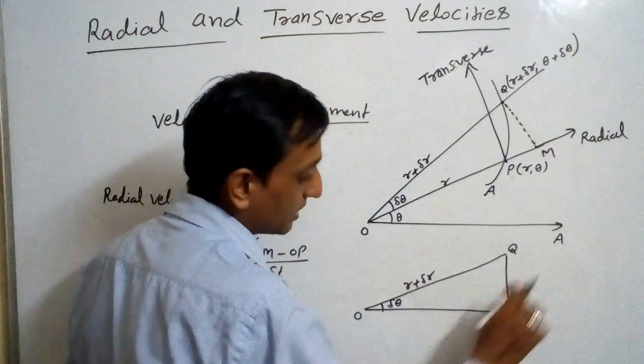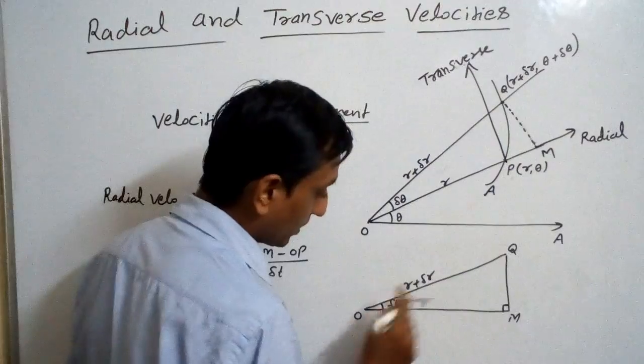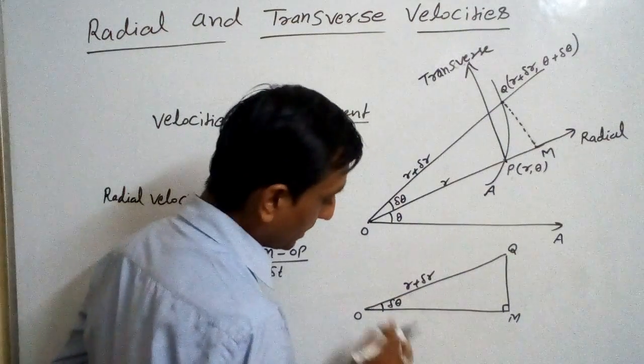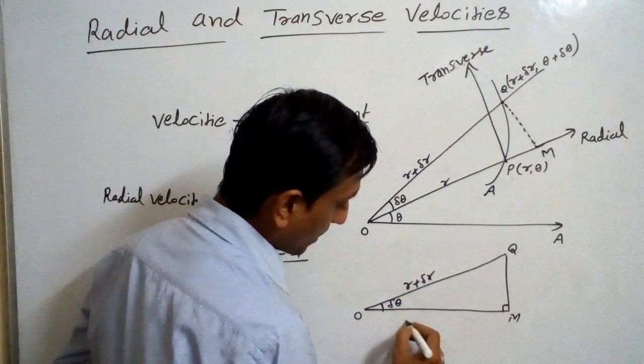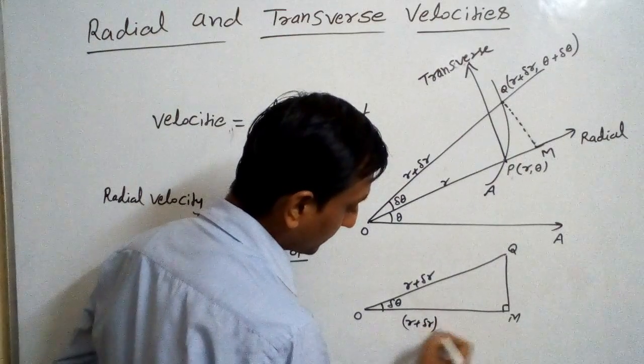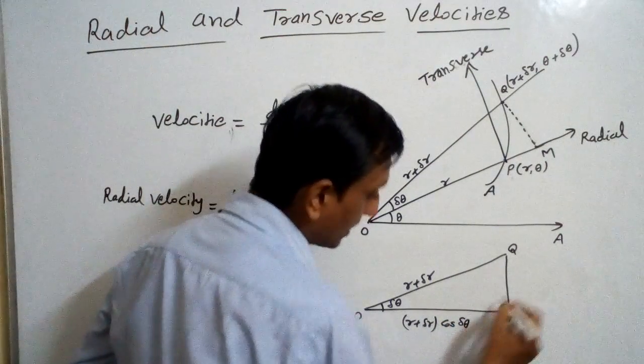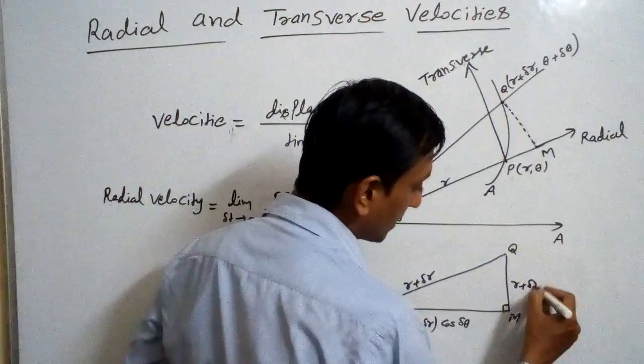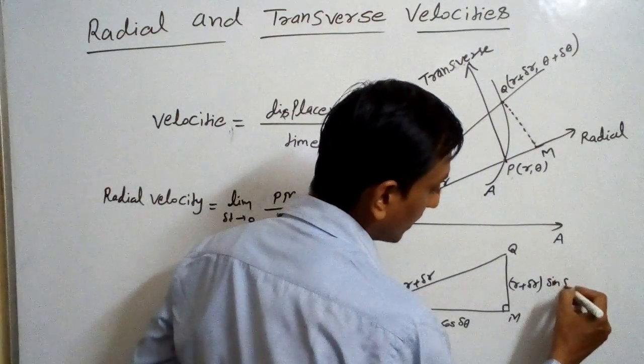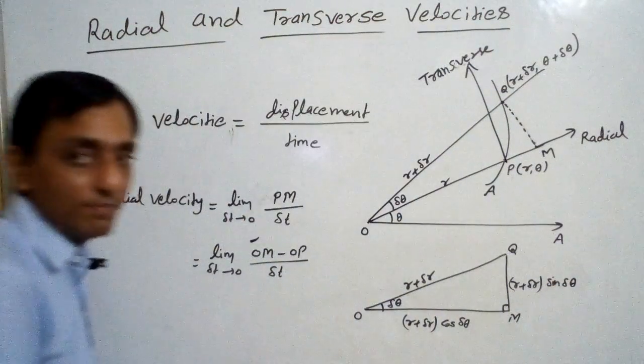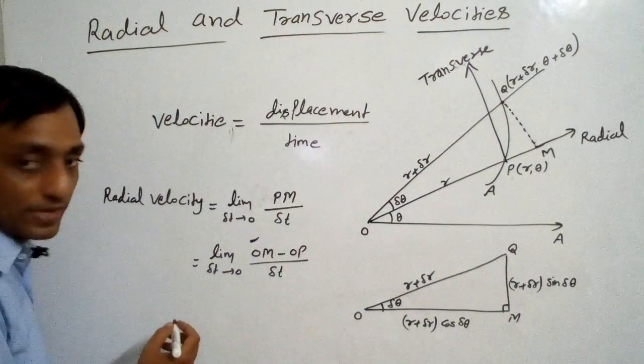So this is the base, this is the hypotenuse and this is the perpendicular. With the help of the triangle we can calculate OM is (r plus delta r) cos delta theta, and this is (r plus delta r) sin delta theta.